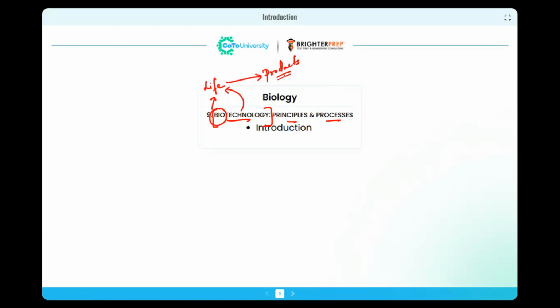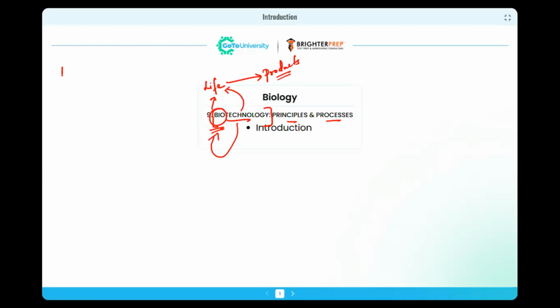So it involves using biological systems. That is why it refers to biotechnology, like bacteria, plants, animals, and they are used in the industries such as medicine, agriculture, environmental management to improve our lives. So we are using technology in living organism to improve our life.